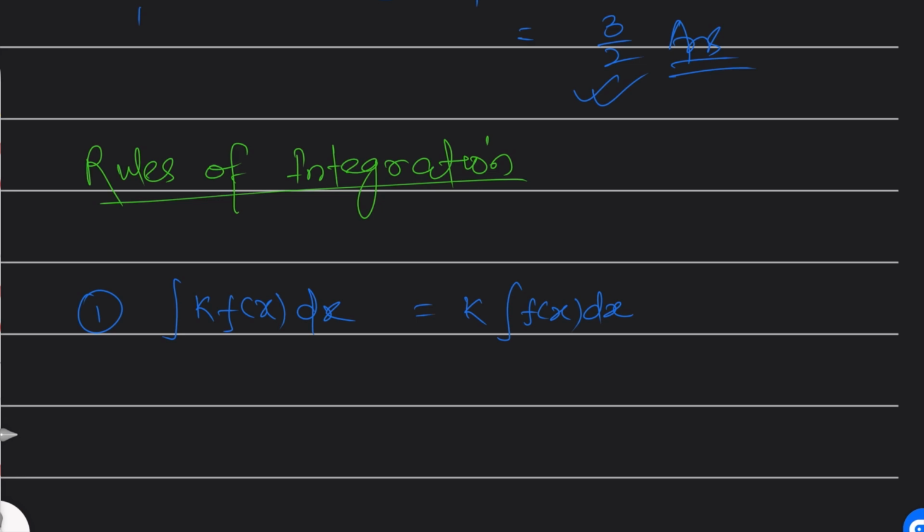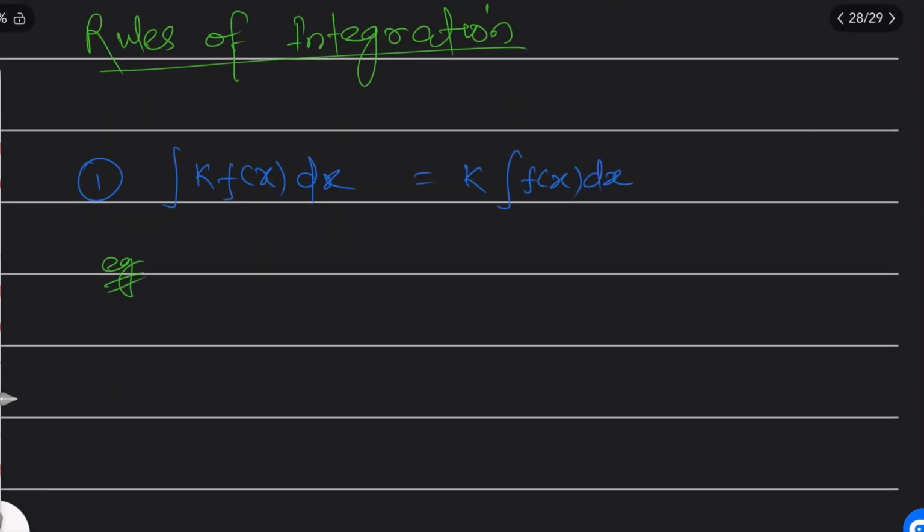Let me give you an example of this rule. Let's say you have 2x square dx and you want to integrate it. You know 2 is a constant, just like in our formula k is a constant. So 2 will come out as it is, as per the rule.